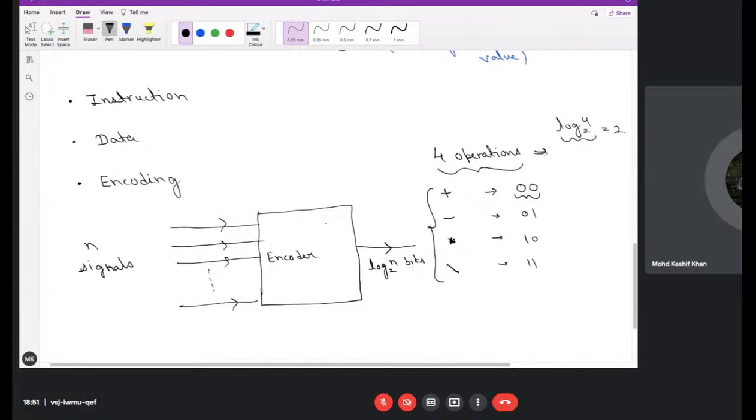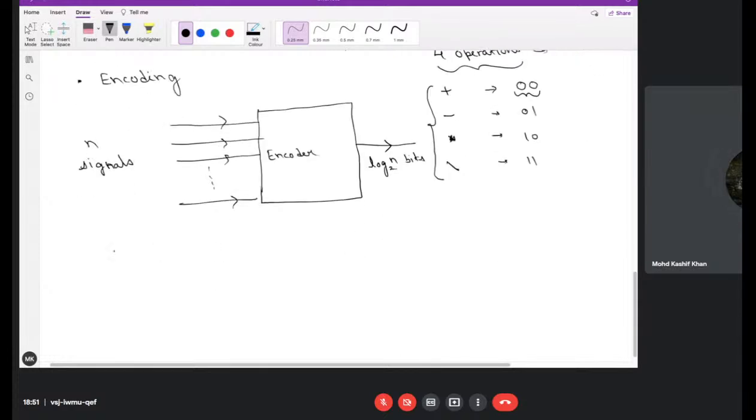It means if you give any signal to this encoder, it can represent that signal in log n base 2 format. Okay.